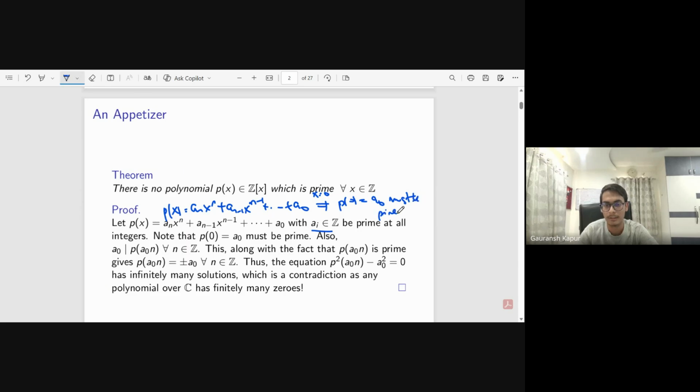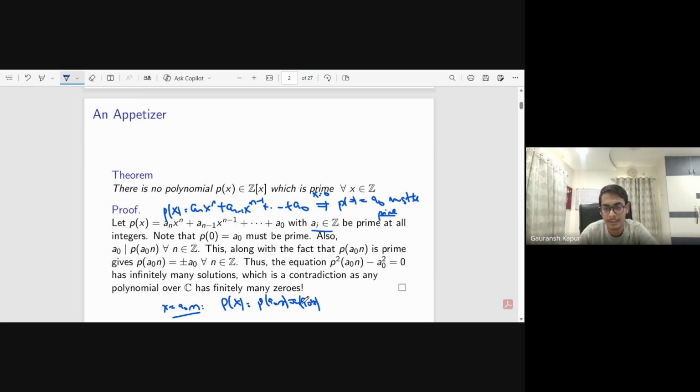Now if you put x equal to a_0 times m, then p of a_0 m will have all of its terms divisible by a_0.